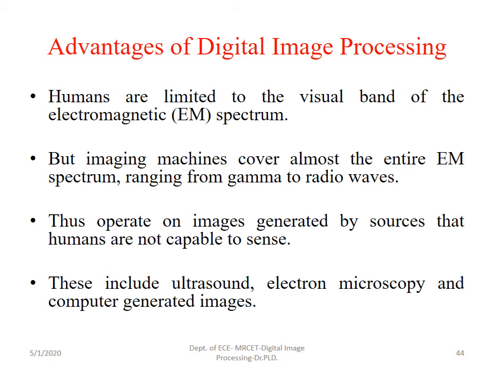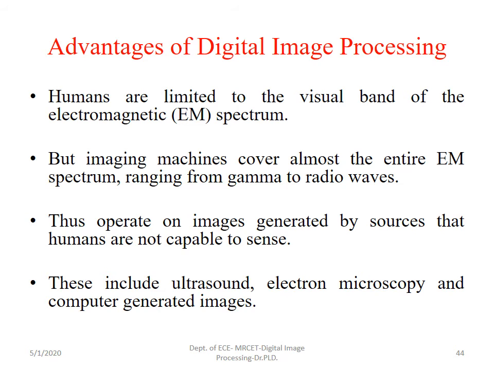Now the advantages of digital image processing. Humans are limited to the visual band of the electromagnetic spectrum, but imaging machines cover almost the entire electromagnetic spectrum, ranging from gamma to radio waves. Thus, they operate on images generated by sources that humans are not capable of sensing.